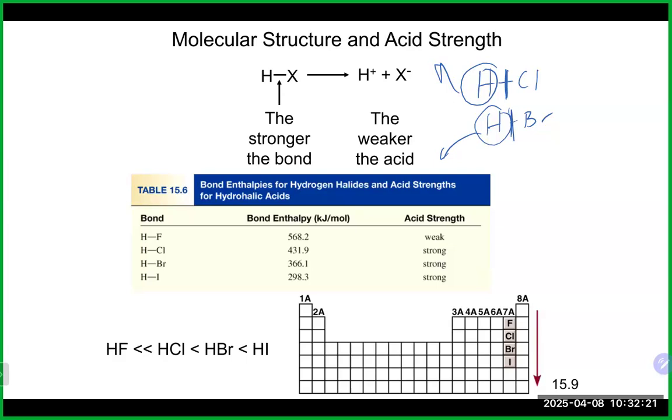So for example, when we look at HF versus HCl, HF has a much higher bond enthalpy than HCl, which means in comparison, it's going to take a lot more energy to break this bond for HF than it would to break this bond for HCl.